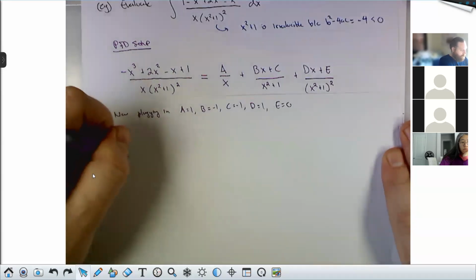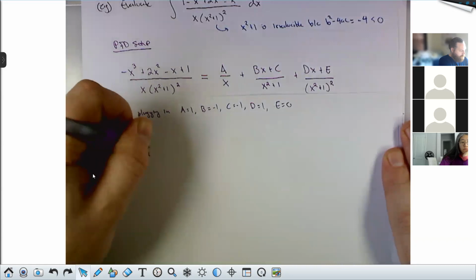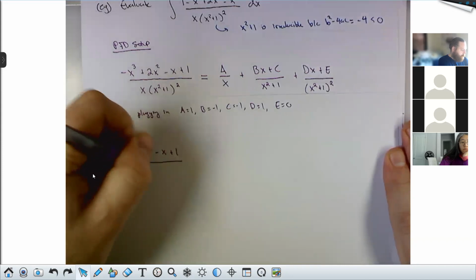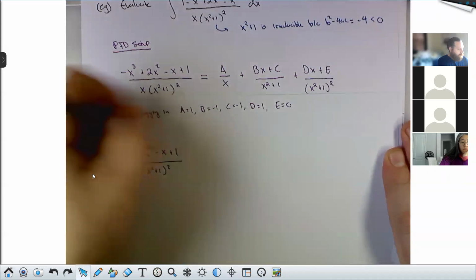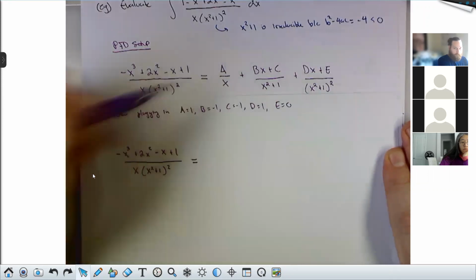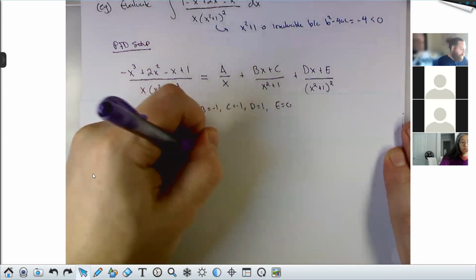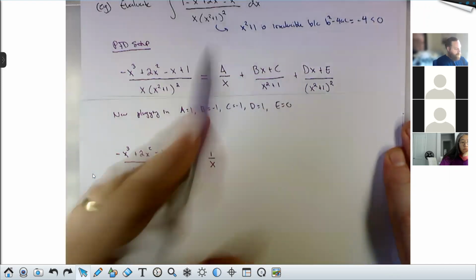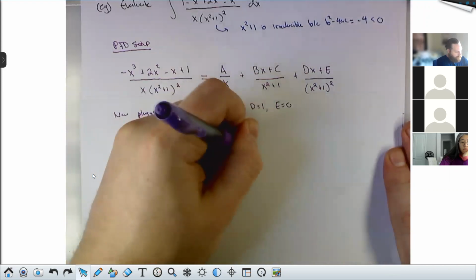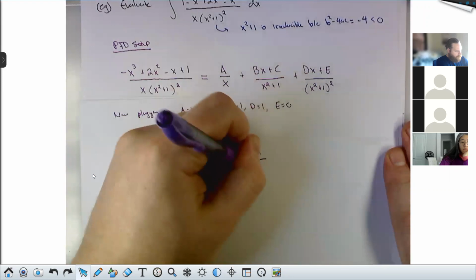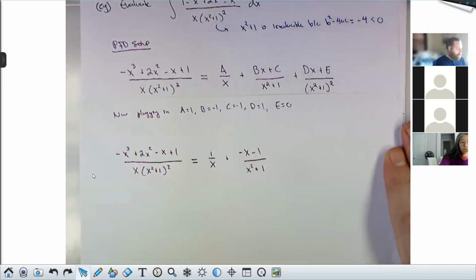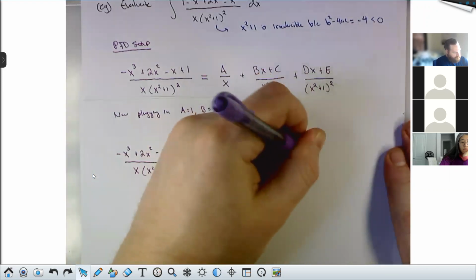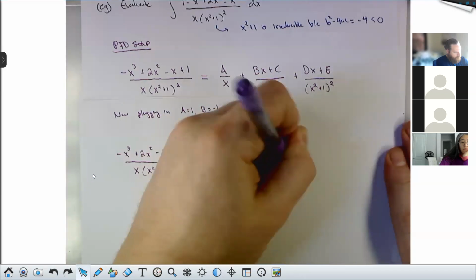And I'll get -x cubed plus 2x squared minus x plus 1 over x times x squared plus 1 squared equals A over x, where A is 1, that's 1 over x. So again, we'll get a natural log from the antiderivative of that. B and C are both -1, so this is plus -x minus 1 over x squared plus 1. D is 1 and E is 0, so this is plus x over x squared plus 1 squared.